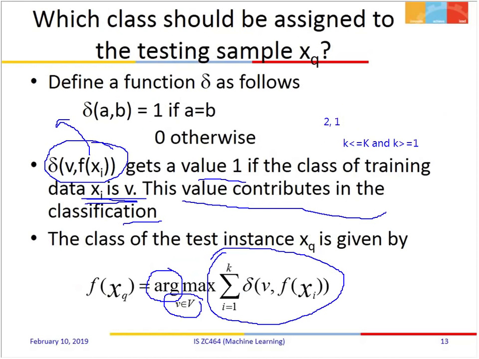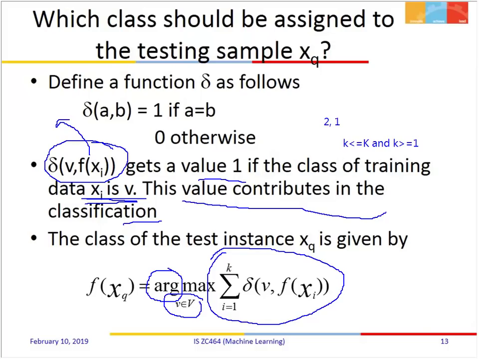I will show you what we were doing here. So can you keep a note on your notebook? Argmax summation delta. I am on slide number 13. Delta V comma fx1. fx1 is nothing but the label. As I told you, f is representing the classification, and when it is applied on the input data x1, it is showing us the label.